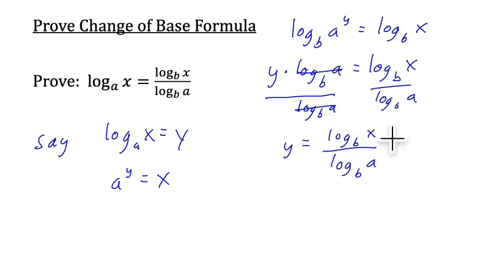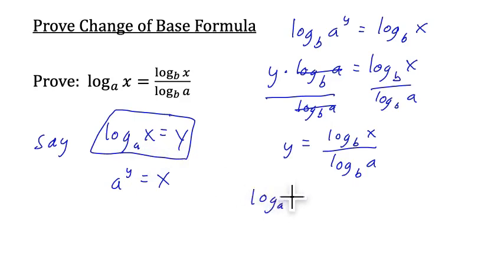Well, this is looking pretty good here on the right side. Now, remember what y equals. At the beginning of the proof, we said that y equals log base a of x. That's just how we defined y. So I'm going to substitute log base a of x for y.